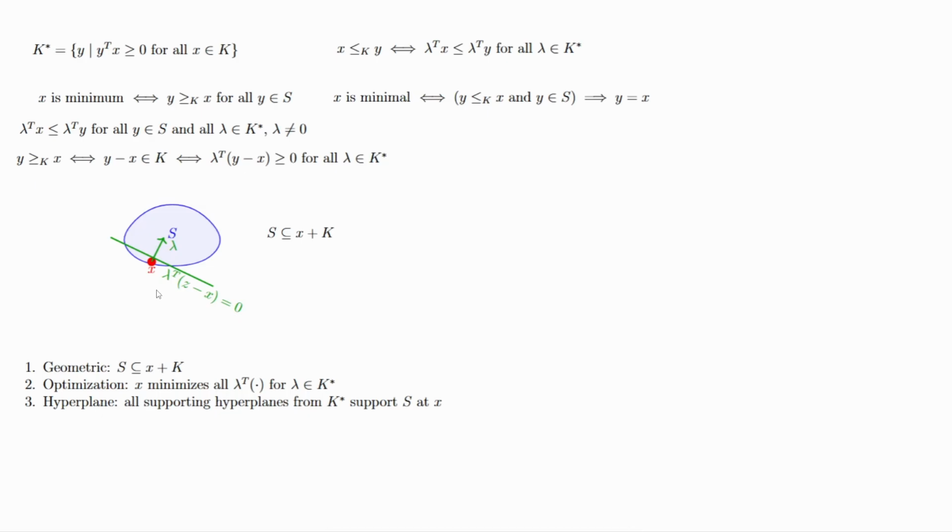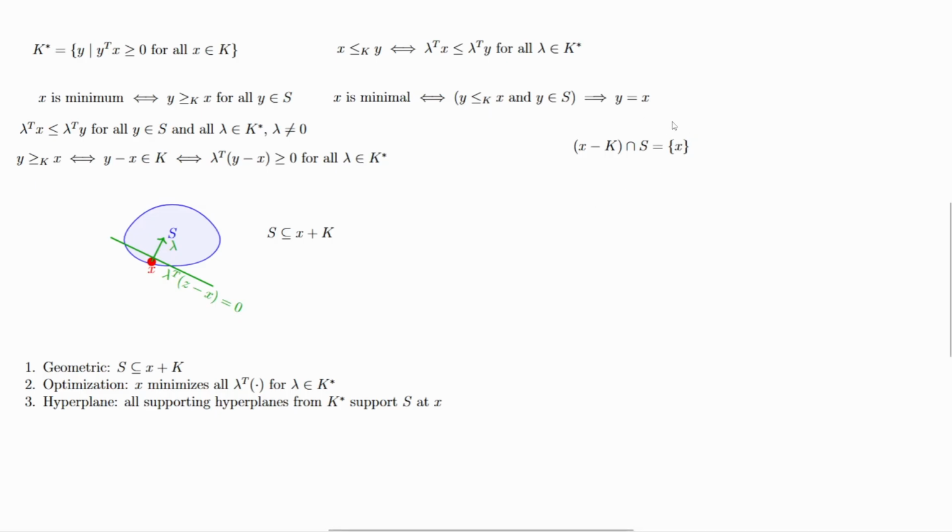Okay, so moving to minimal elements, the characterization is slightly different. The point X is a minimal element of S if and only if we have the following. X minus K intersect S is only the point X. So in other words, if you go down and left of point X, then the only point which satisfies that, which is still in S, is only the point itself.